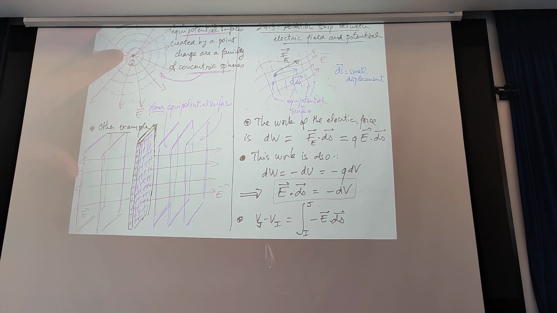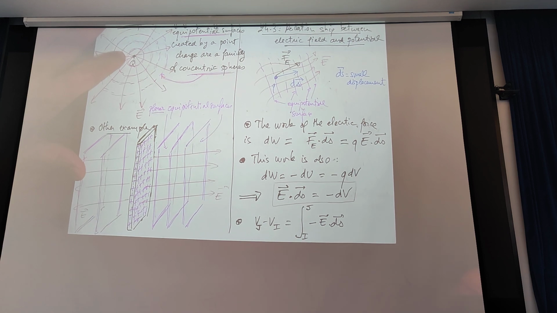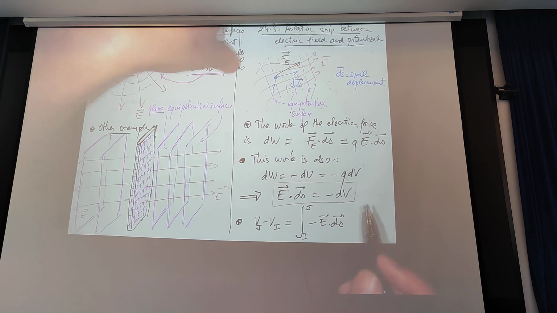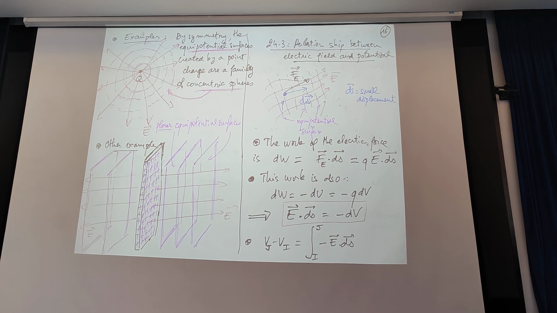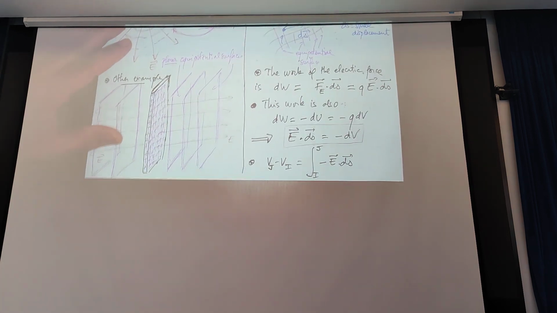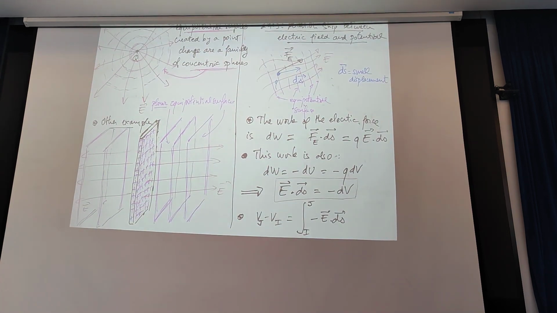The variation of electric potential is equal to the integral from I to J of minus E times ds. Okay, but another way to write things.